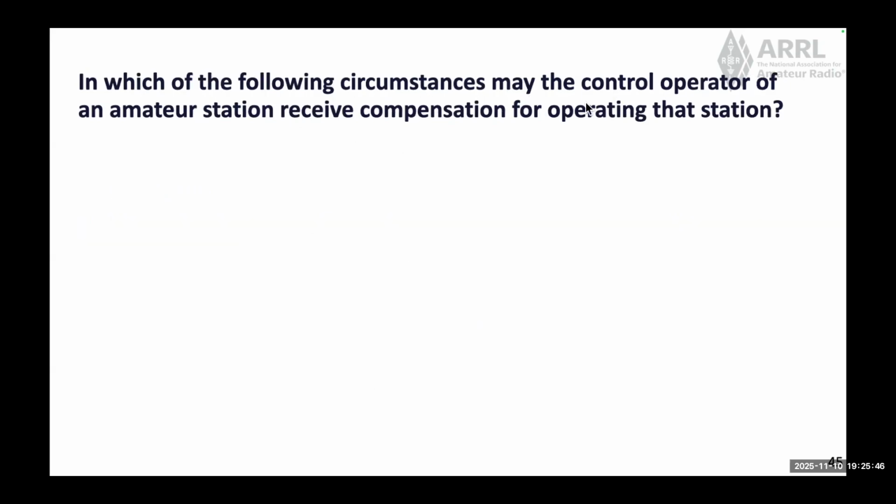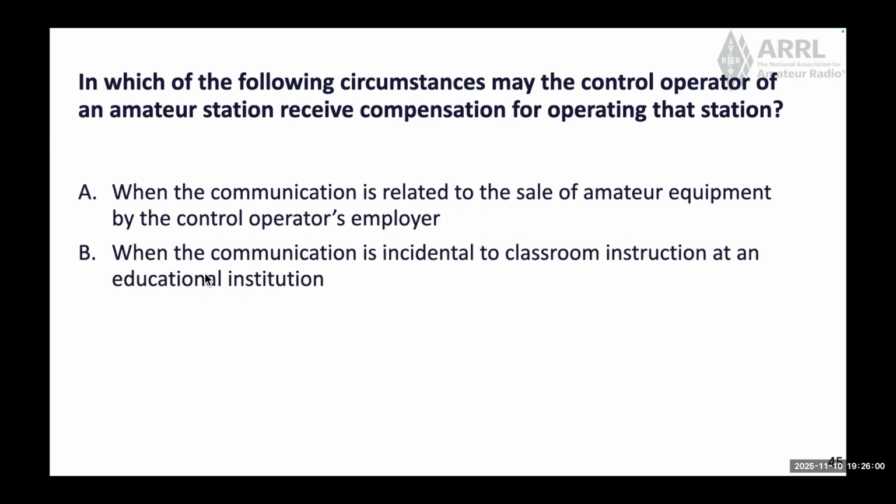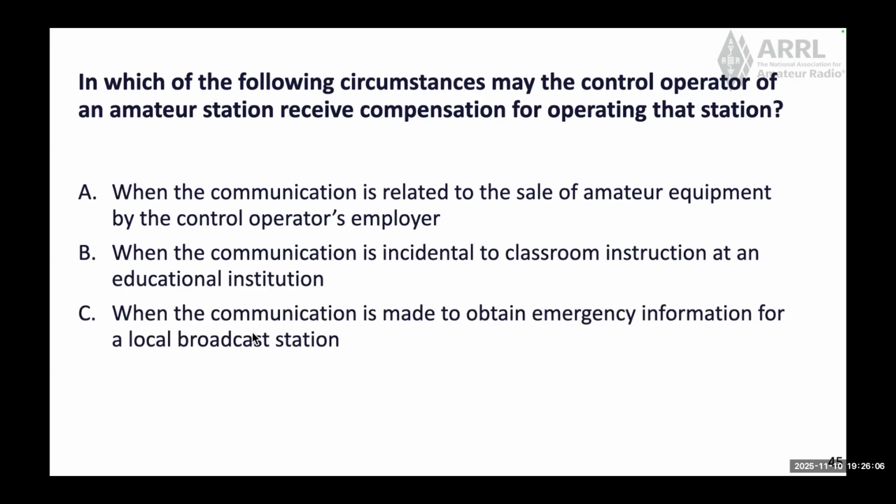In which of the following circumstances may the control operator of an amateur station receive compensation pay for operating that station? A, when the communication is related to sale of amateur radio equipment; B, when the communication is incidental to classroom instruction at an educational institution; C, when communication is made to obtain emergency information for a local broadcast station; D, all these choices are correct.